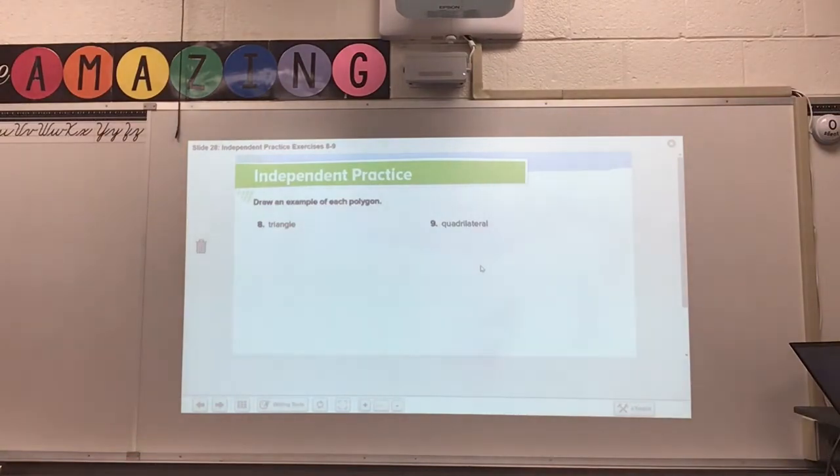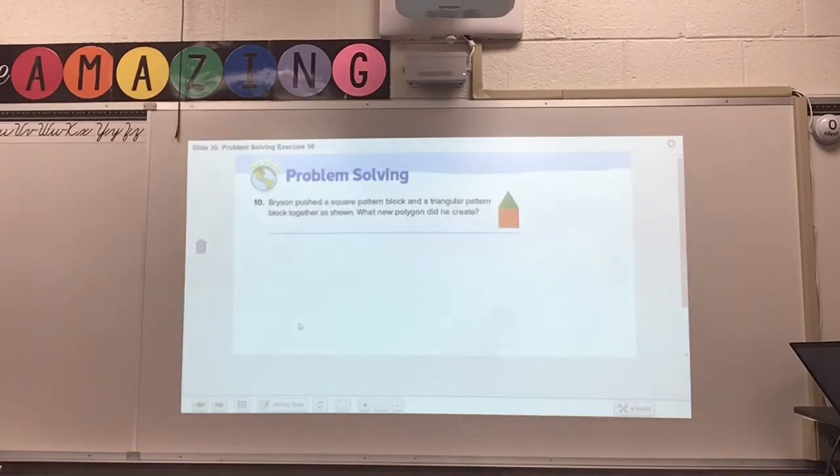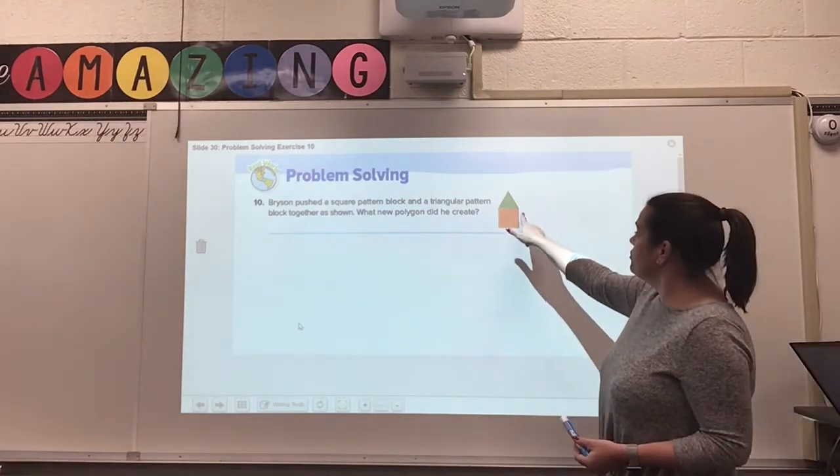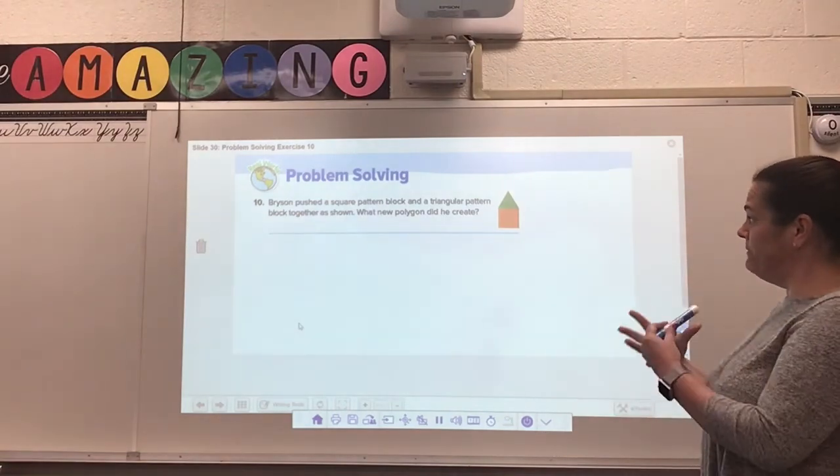Okay? All right. Now let's take a look at page 842 at our brain builders and problem solving. So these are probably the ones that you have the most trouble with, I would imagine. So let's take a look. We'll spend some more time on these. Bryson pushed a square pattern block, this orange square pattern block, and a triangular pattern block together.